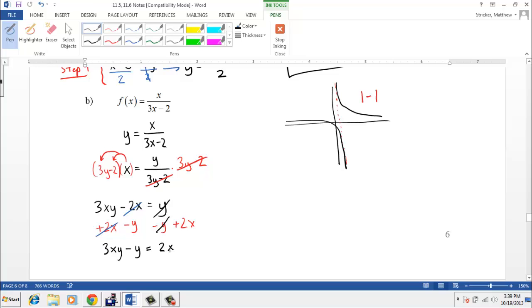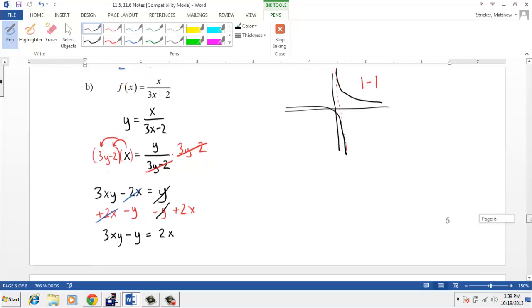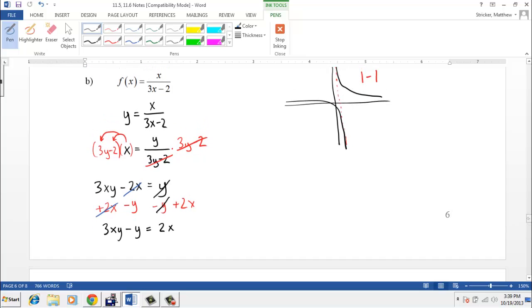And we're almost done. The next step, and if you've never done this before, it's not entirely obvious, but we can go ahead and pull a y out here, leaving 3x minus 1 equals 2x. And if we rewrite it, so we have y times 3x minus 1 equals 2x.